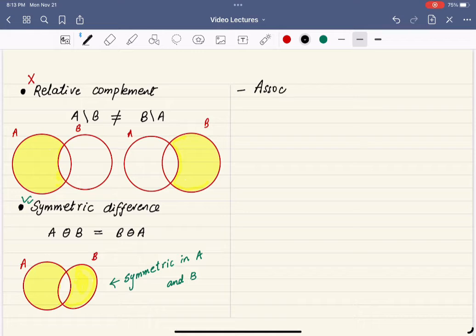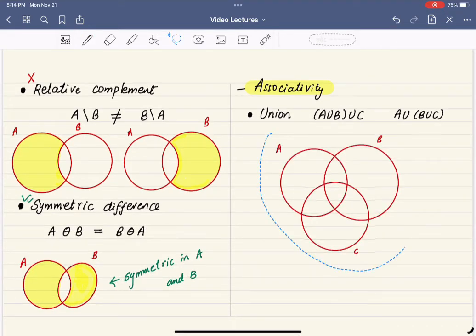Now that we have established this, we look into the associativity property of these operations. In the associativity property, we first look into the union. We want to see if this expression is actually equal to that expression.